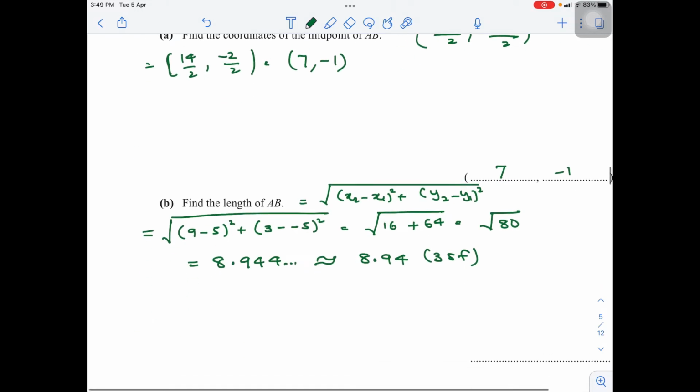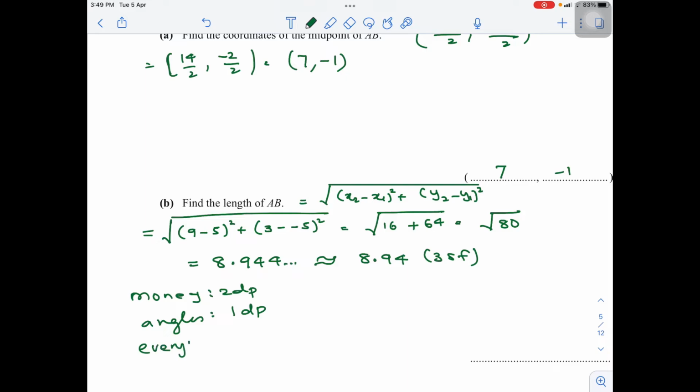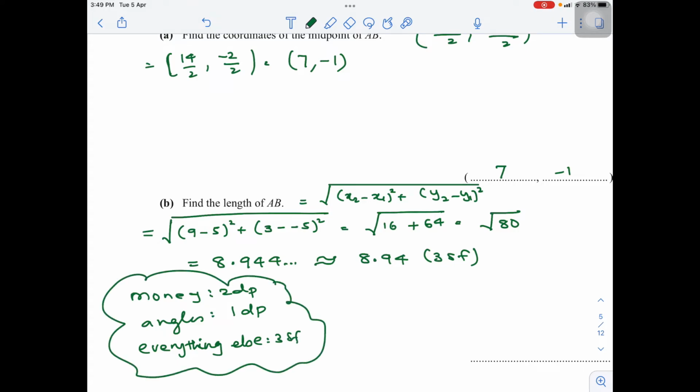Always remember, money 2 decimal places, angles 1 decimal place, and everything else 3 significant figures. Very important to avoid losing marks in exam.